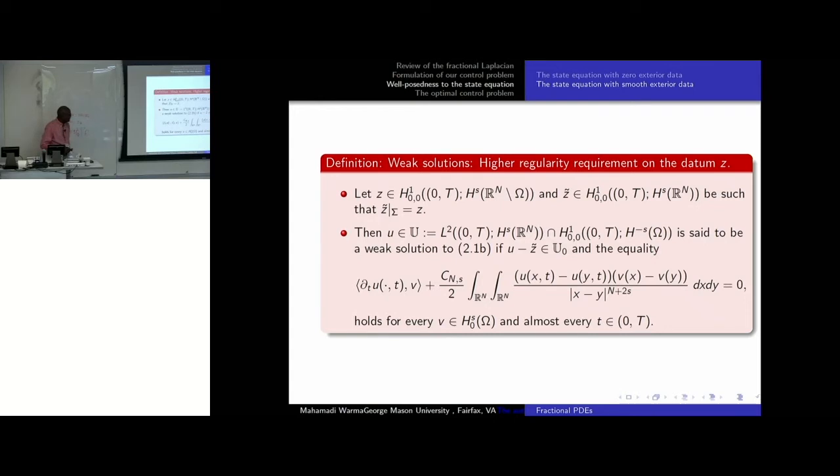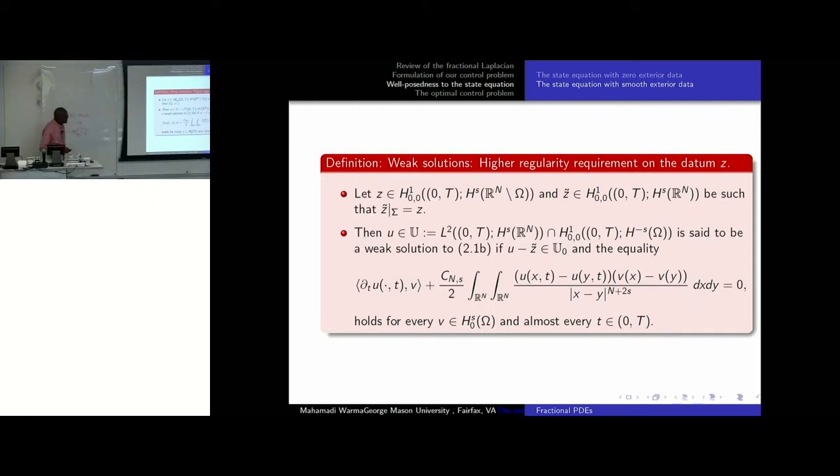Then I can always have an extension, like yesterday we did, to be in H1 with values in H^s of R^n, such that the restriction is equal to Z. Because I have a smooth domain, I can have an extension operator, and you can extend it to the full space, and the extension operator is even continuous.